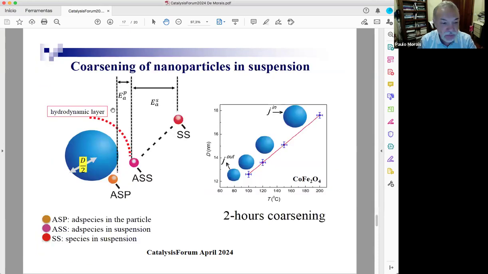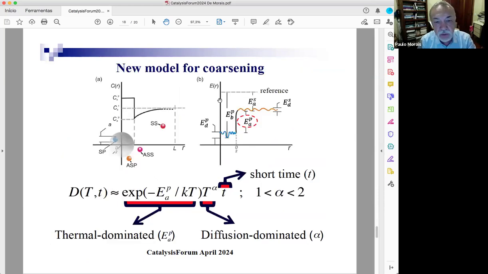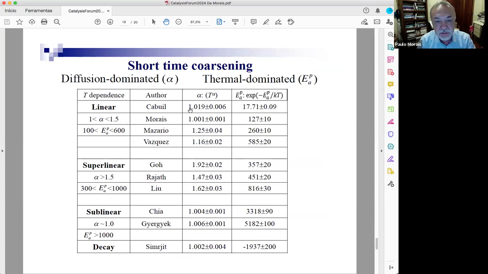So I collected actually three linear data sets. The linear or roughly linear is the data from Cabouille et al. We found alpha nearly close to 1 and the energy barrier about 17.71. In my own paper, we found the time dependence alpha is nearly 1, and the energy barrier is 127.